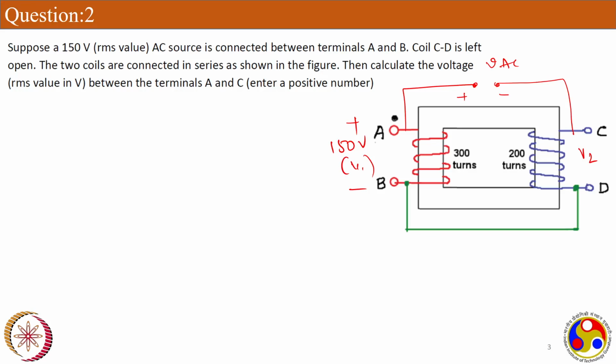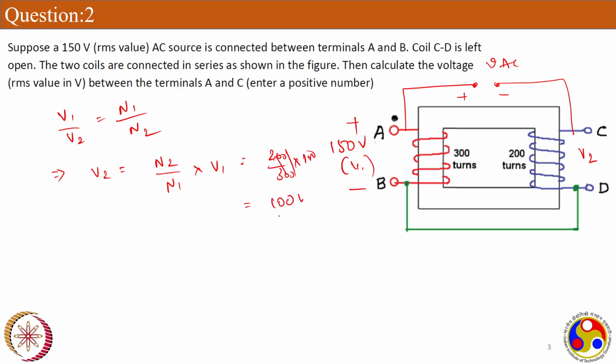You know the voltage and turns ratio for a transformer, right? V1 by V2 is equal to N1 by N2. So using this, quickly tell me what the V2 value is. 100, sir. Yes, 100. N2 is 200, N1 is 300, so 2 by 3 multiplied by 150 will give you 100 volts.